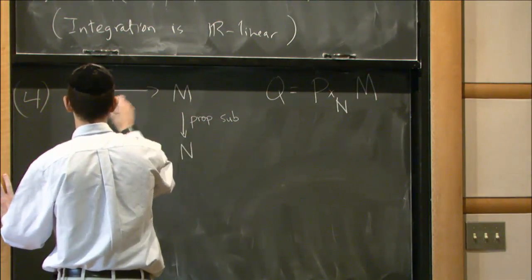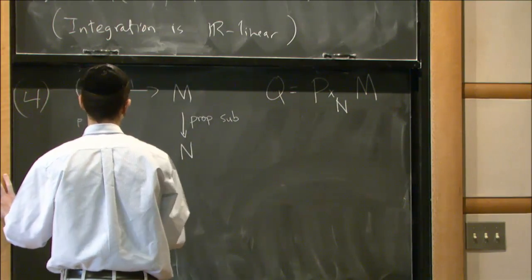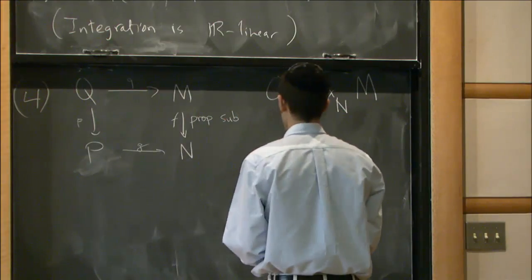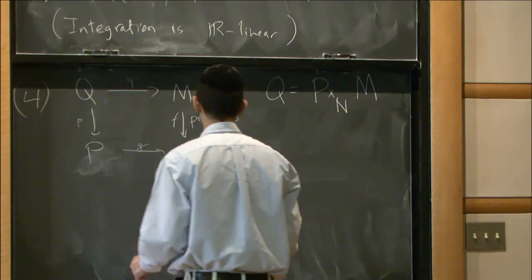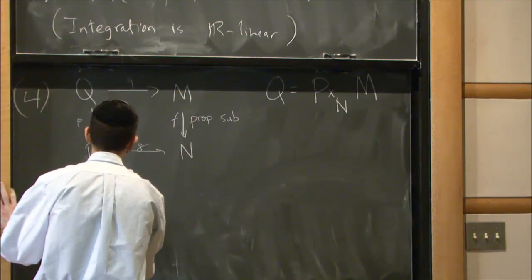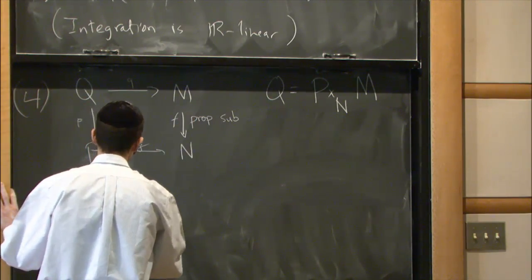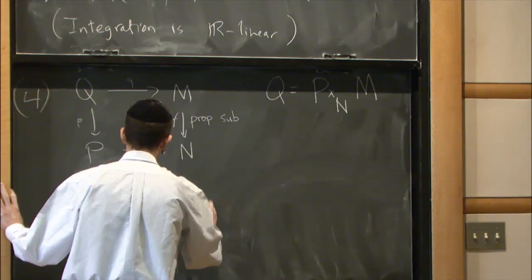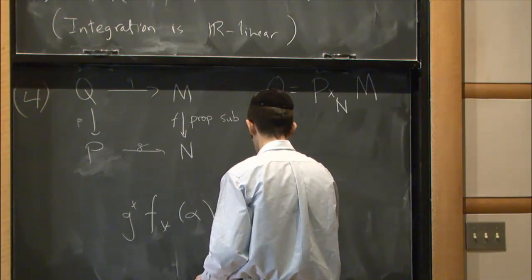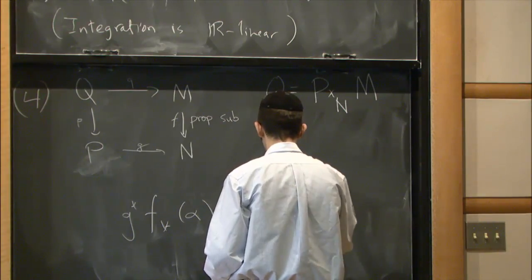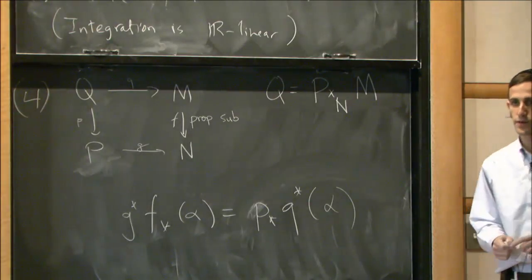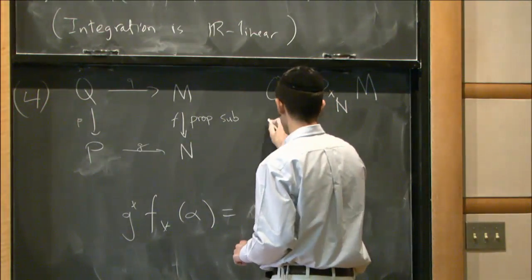Then if we push forward and pull back, we get the same thing as pulling back and pushing forward. This is thought of as a version of change of variables.